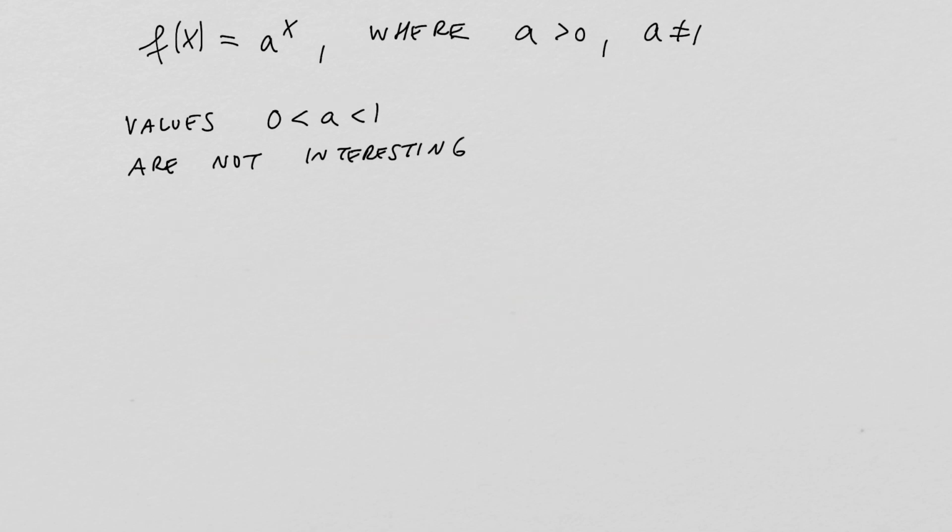Also the values that a is between 0 and 1 are not really interesting. We could consider the logarithm of base 1/2 of x, let's say 4. We would have to find a power of 1/2 so that the result would be 4.